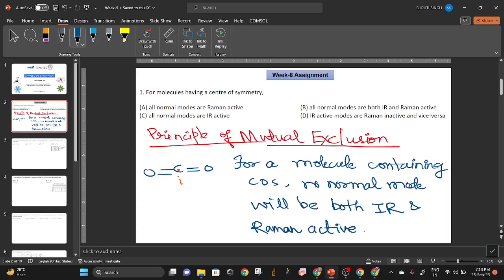So if one is IR active, that mode will not be Raman active. If it is Raman active, it will not be IR active. So this is the case.